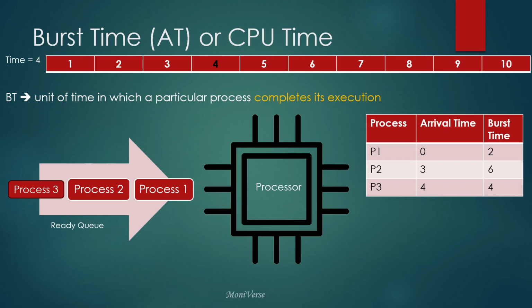That is called the burst time or CPU time. As given in this table, process 1 has 2 units of execution, process 2 has 6 units, and process 3 has 4 units.